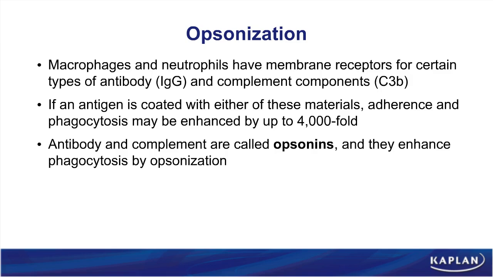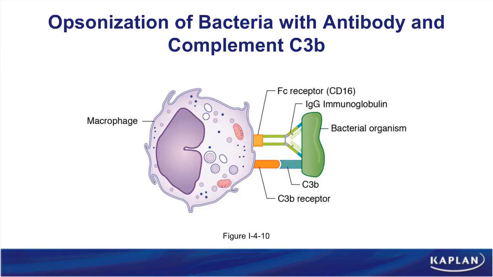Now let's take a look at what that entails. As I just mentioned, the process of opsonization involves either complement C3b binding to a pathogen, as you can see in this image, or IgG antibody. And remember, this is specific for IgG and complement C3b because they have to specifically bind to receptors on the phagocyte.